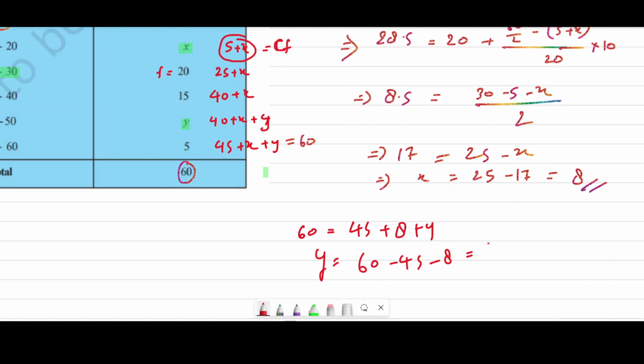What will be the value? 60 minus 53, that means we will get 7. So x is 8, y is 7. This is the missing term. Now we have to move on to question number 3.